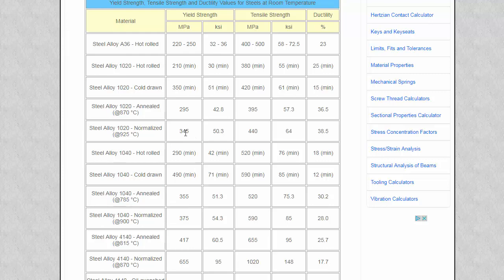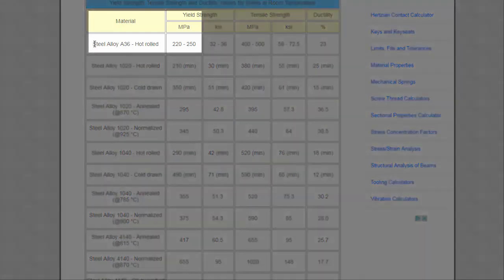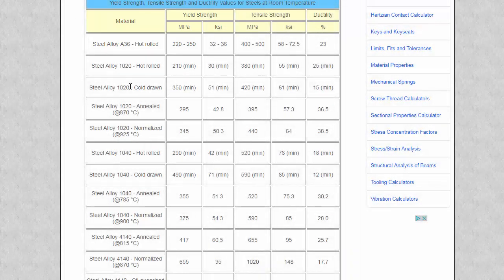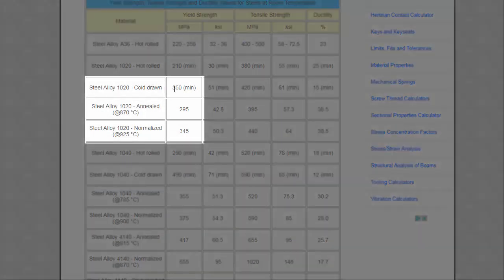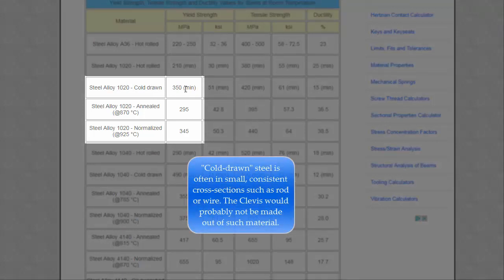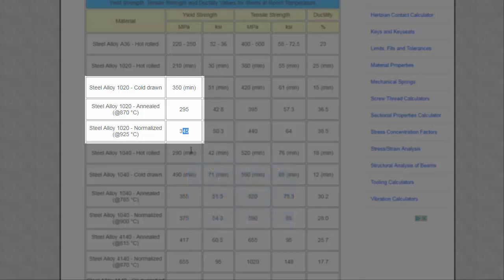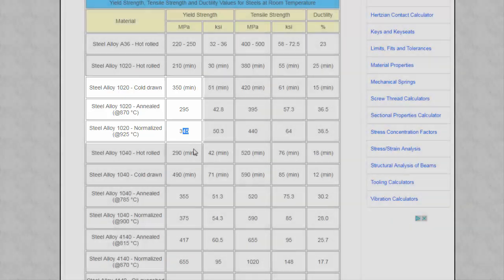So this A36 structural hot rolled, that's as we found out, not good enough. But we could use the cold drawn steel alloy, but this may not be workable. I think the 1020 normalized that has 345 megapascals of yield strength will work just fine for us.